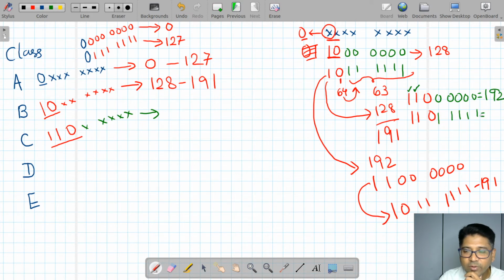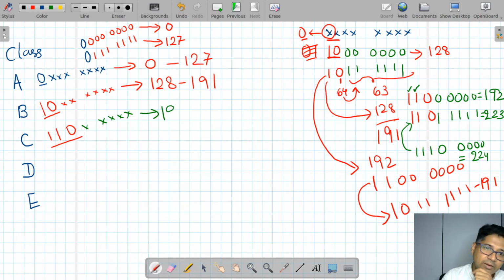And what will be the one's complement of 11100000? Please guys, practice. So this is 224. One's complement will be this one, if you remember, so this will be 223. I can look at the bits and tell you, so I do not need to remember these things.